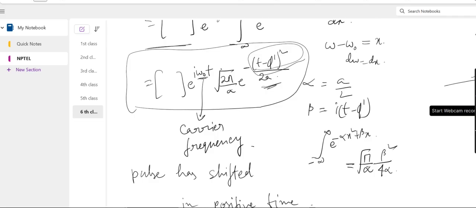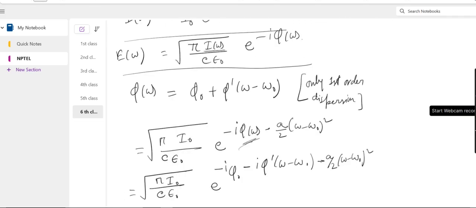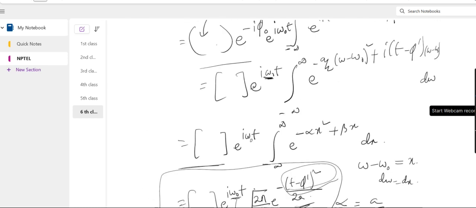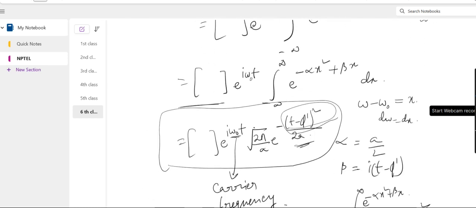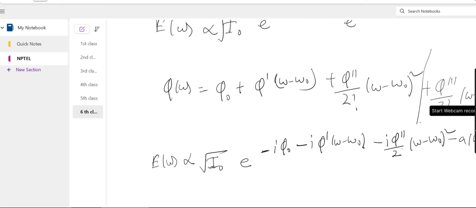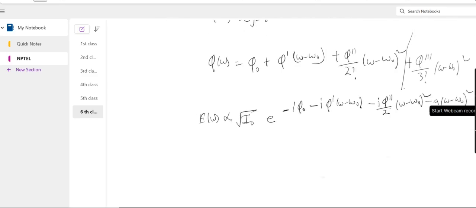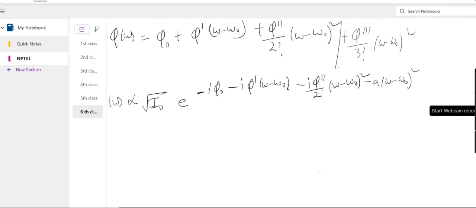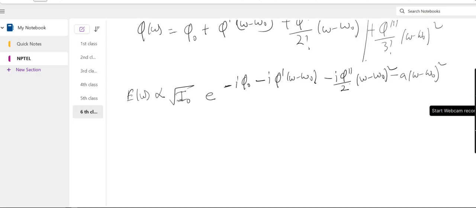So even if omega naught is equal to 0, this carrier frequency part goes to 0. There is no omega naught here. So the pulse will still shift. So that's the point of the whole thing. So this is the case.